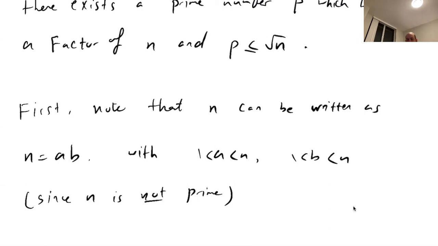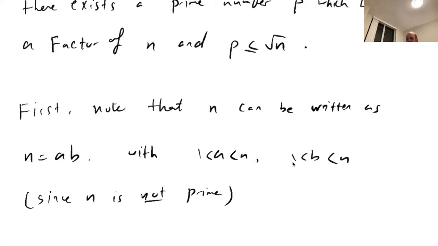So if n is not prime, it has a divisor other than 1 and itself, right? So let's say it has a divisor, for example A, which is not 1 and not itself. So if A is bigger than 1 and less than n, B has to be also bigger than 1 and less than n, right? Because B would be n if A is 1, but A is bigger than 1, so B is less than n.